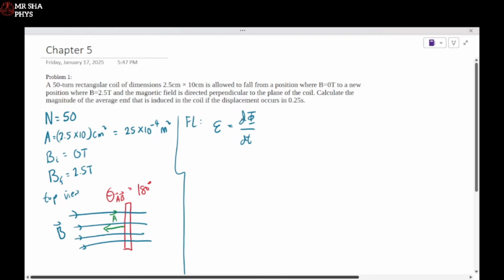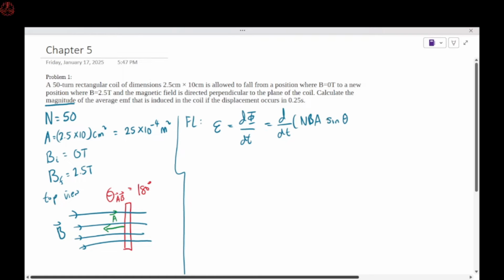If we include Lenz's law, then you have a negative, but I'm not worried about that because it's only asking for the magnitude. Then I can expand on phi. So d over dt of N times B times A, and then the angle between them, so it's a cross product, so we will have sine theta.